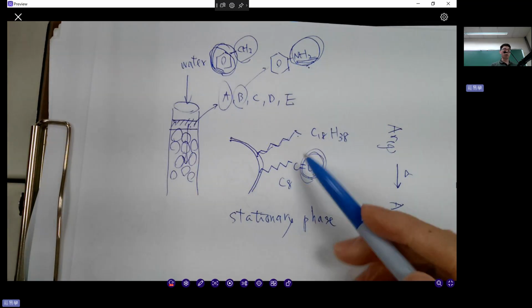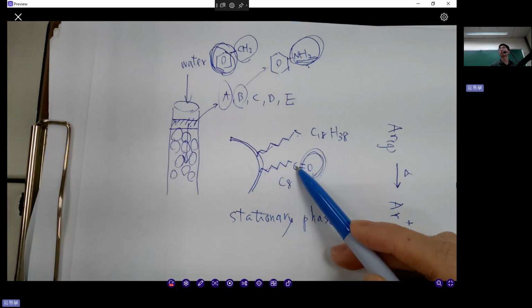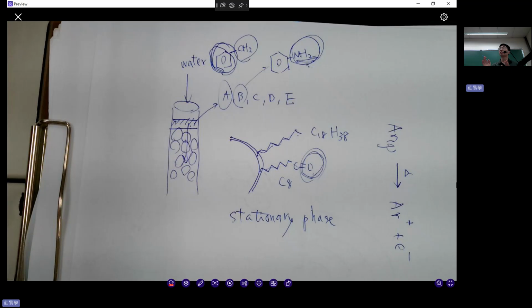So in this case, if you are using this kind of stationary phase, the aniline might be moving a bit slower. Okay, so the separation occurs because of the intermolecular interaction between the stationary phase and the compounds. That's the key takeaway.